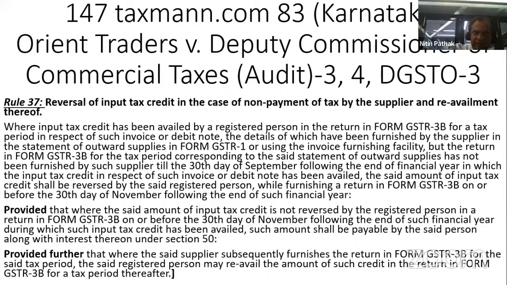What is said is that the tax period corresponding to the statement of outward supply has not been furnished by such person. Then he has not filed his GSTR-3B. Then you need to reverse before 30th. That is coming under auto-populated.